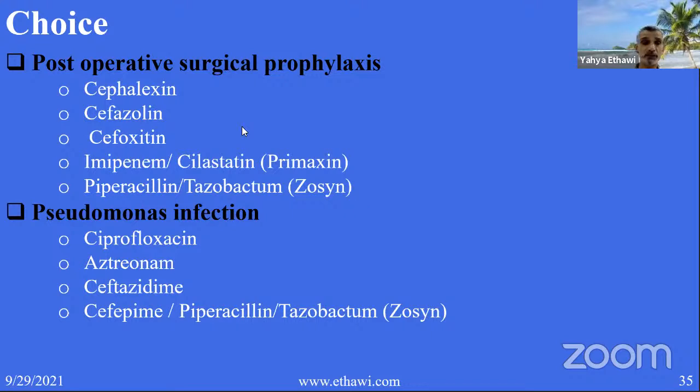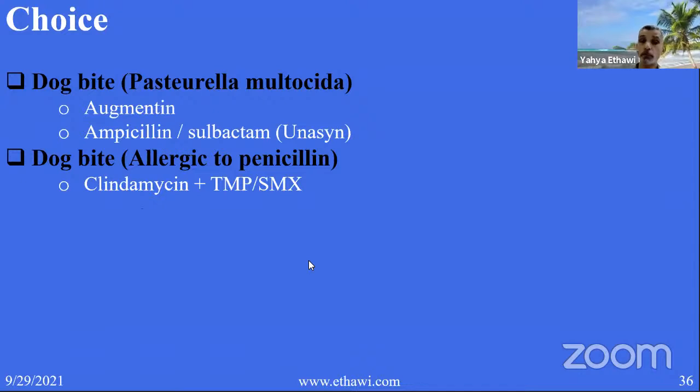Post-operative prophylaxis: cephalexin, cefazolin, cefoxitin, imipenem with cilastatin or Primaxin, or piperacillin-tazobactam. Pseudomonas infection: ciprofloxacin, ceftazidime, cefepime, or piperacillin-tazobactam. Dog bite, Augmentin or ampicillin with sulbactam. Dog bite, allergic to penicillin, then clindamycin or trimethoprim, because all of these penetrate the soft tissue.